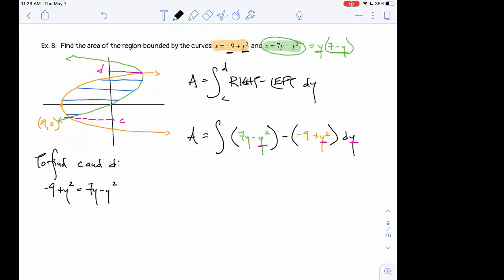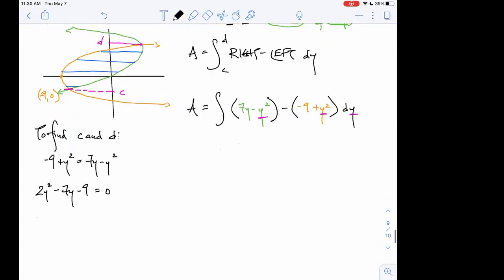I see some things to the second power, so I'm going to move everything to one side and set it equal to 0. So I've got 2y squared minus 7y minus 9 equals 0. And I'm going to factor. 2y and y are the only way I can make 2y squared. And now I have to think about numbers that multiply to make 18 but add to make 7.